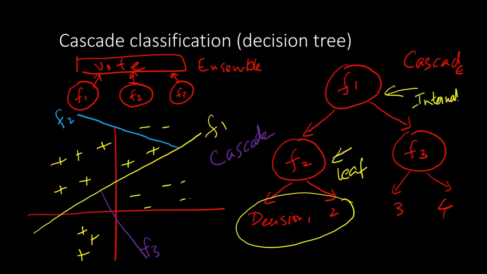They don't make the final decision, but they help you reach the final decision. This could have multiple branches, and it need not be just three classifiers with two levels. It can have many such decisions, and it need not even be balanced.